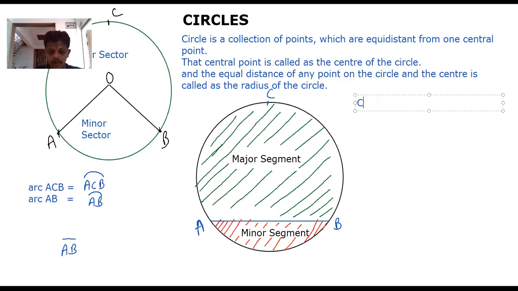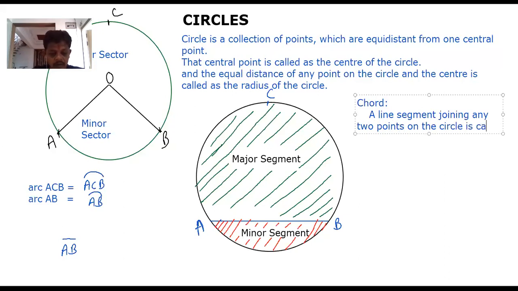Chord. A line segment joining any 2 points on the circle is called as chord of the circle.